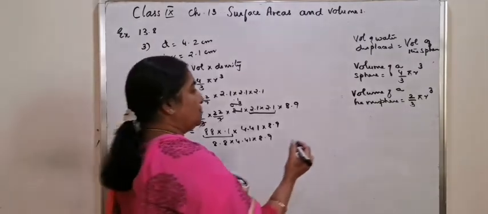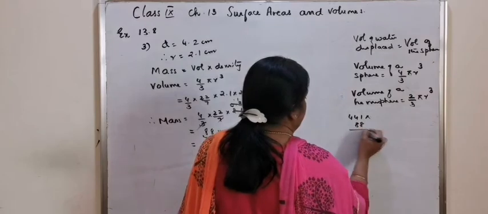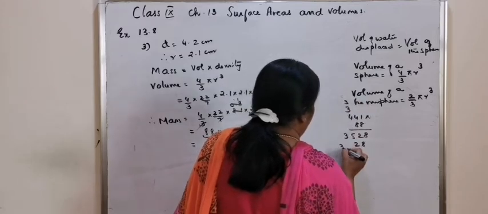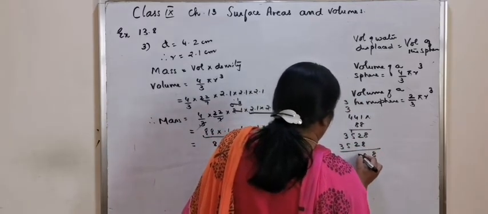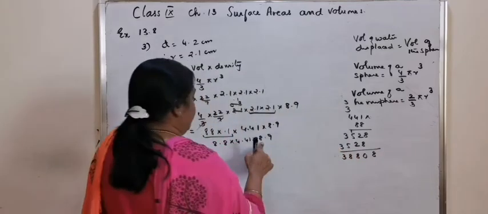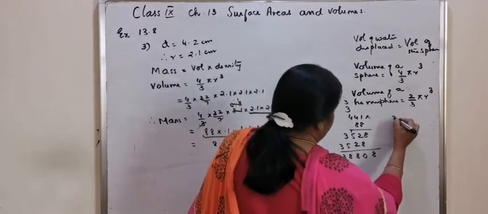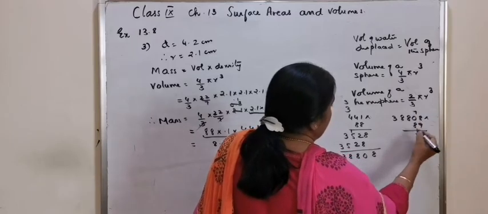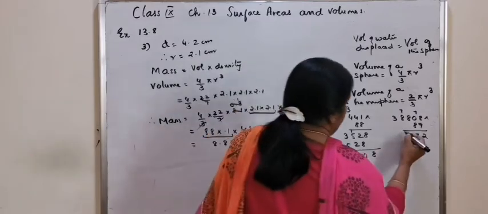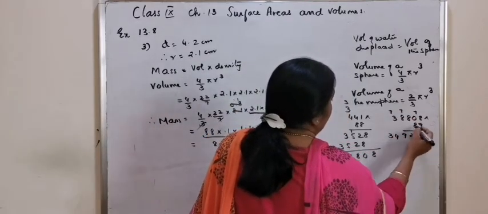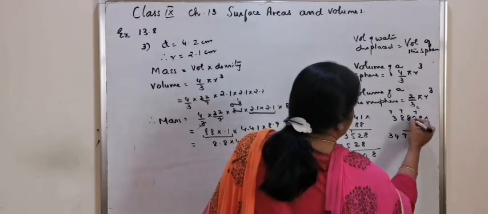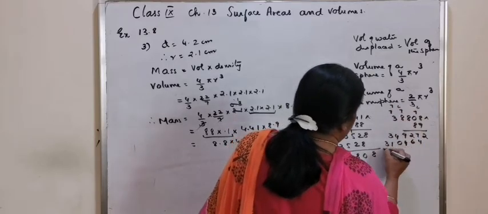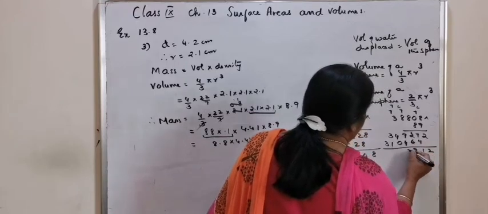Let's multiply 441 into 89. 8 nines are 72. 72 plus 7, 79. 8 eights are 64. 64 plus 6, 70. 24 plus 7, 30.